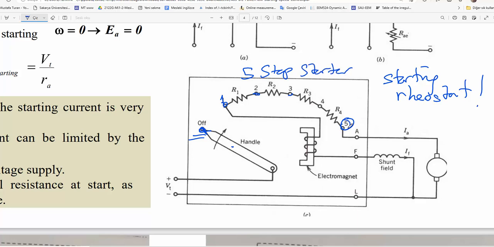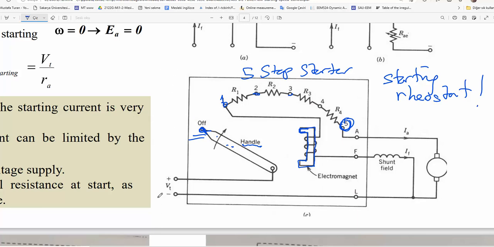When you reach the final step, that means you are about to run in steady state, and the handle will be locked by using such an electromagnet. When the handle comes to the 5th or last stage, the handle will be pulled by the electromagnet and locked here, and then the continuous operation will start till you switch it off or till there is a failure in the power system.